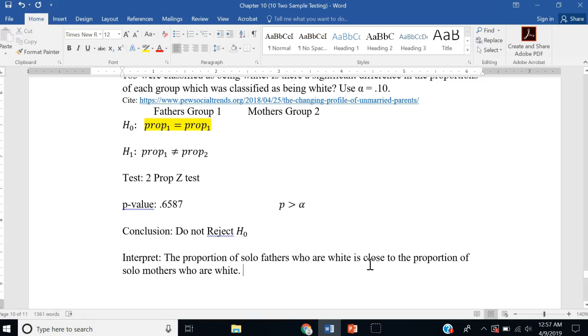I need you to make sure that when we don't reject the null hypothesis, don't write equal, write is close to. That's an important distinction when we write down our interpretation statement.